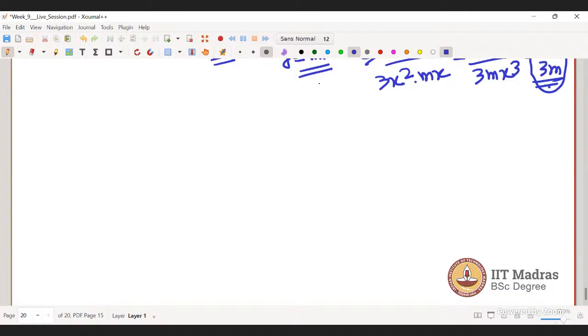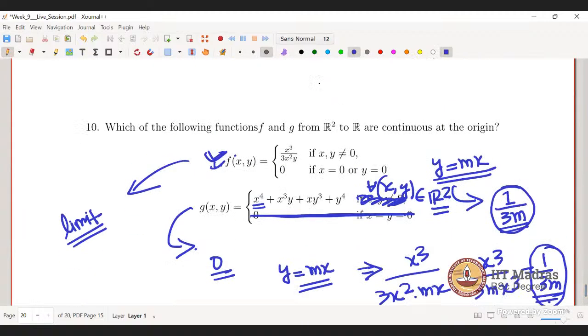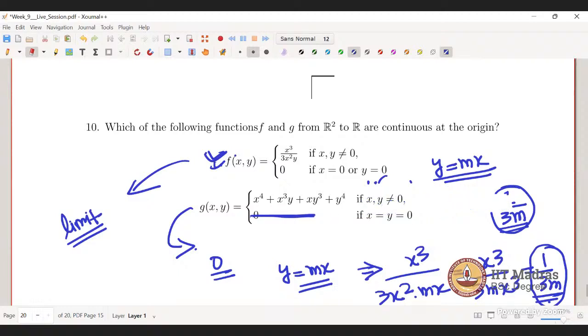If it is a polynomial, we can relax, it will be continuous. But if I change this question, so that this is not 0 but 1, then certainly this is not continuous.